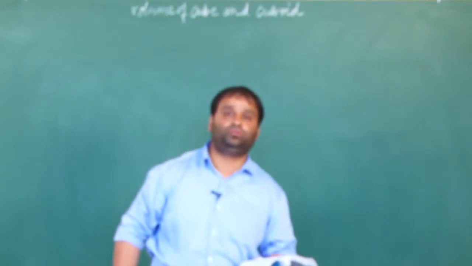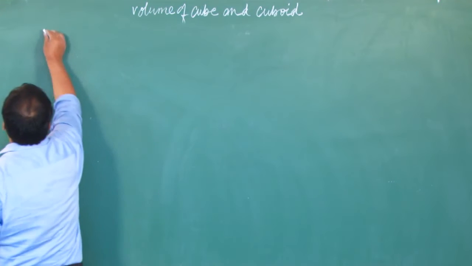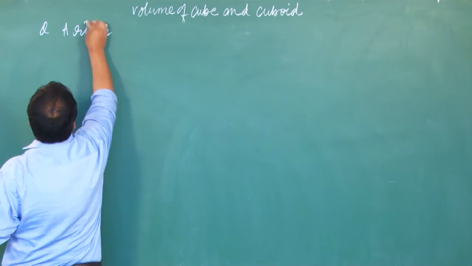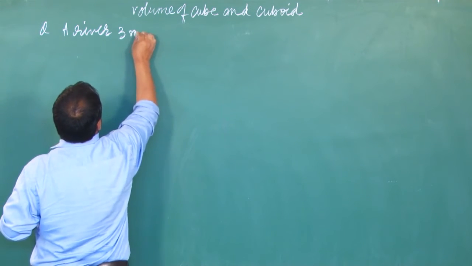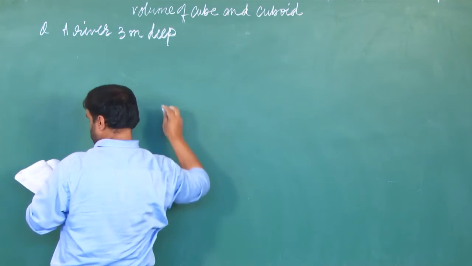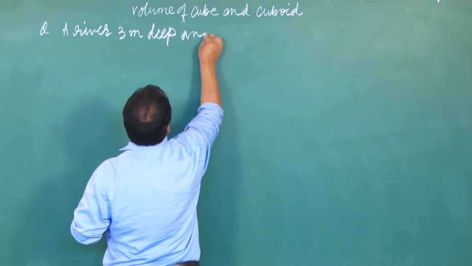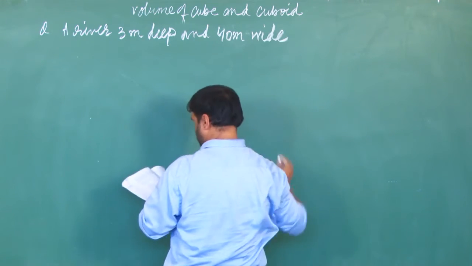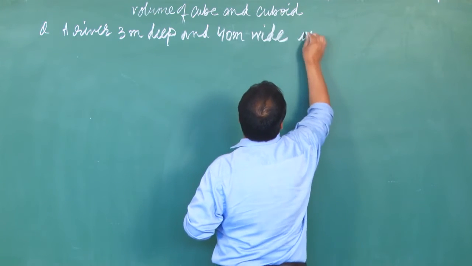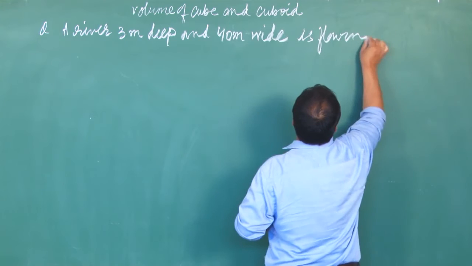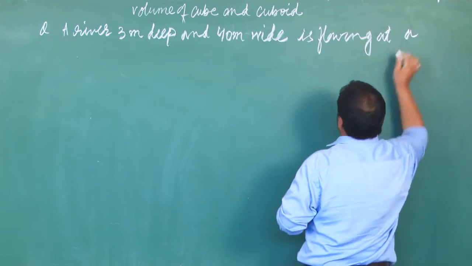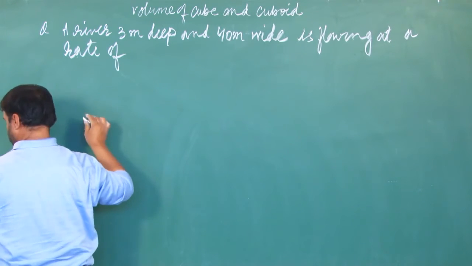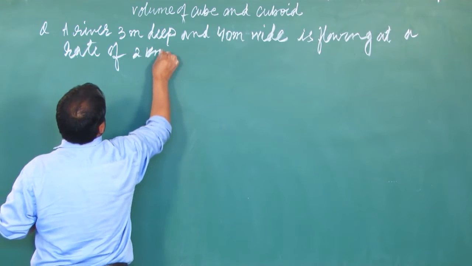There is another interesting question for you. The question is also related to the cuboid. A river 3 meter deep and 40 meter wide is flowing at a rate of 2 kilometer per hour.